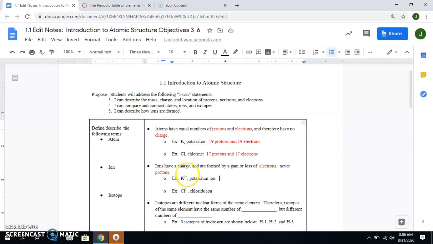See the +1 in the upper right-hand corner. Well, the only way it can get a positive charge is by gaining or losing electrons, never protons. So because it's got a positive charge, and it can only gain or lose the negatively charged particle, it must have lost one of its 19 electrons.